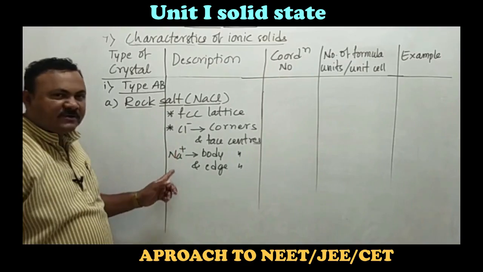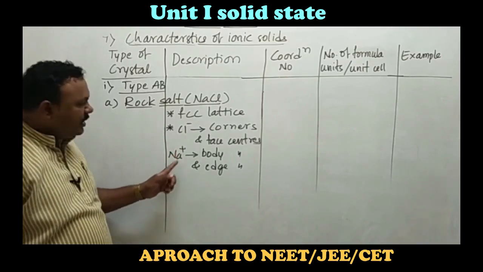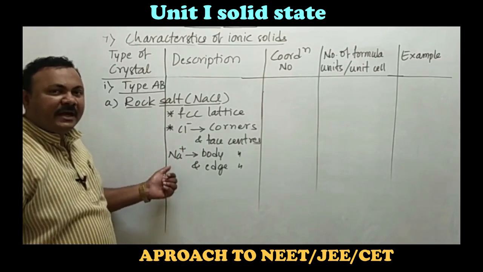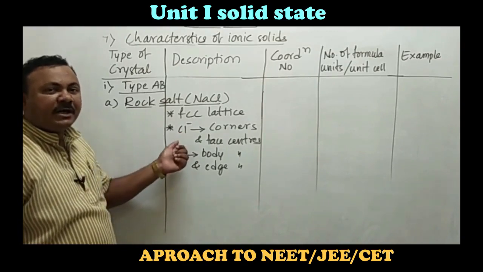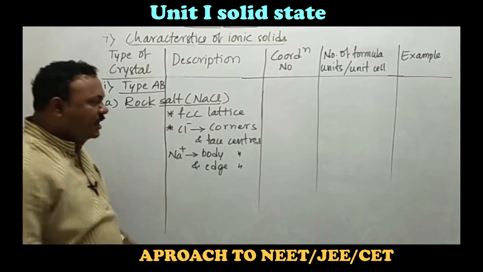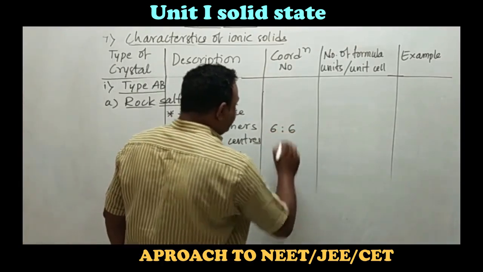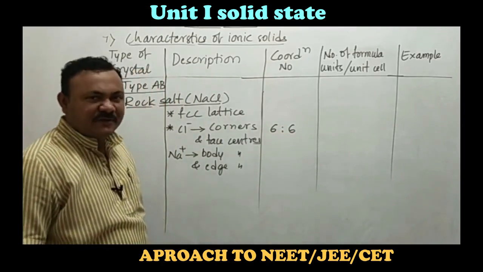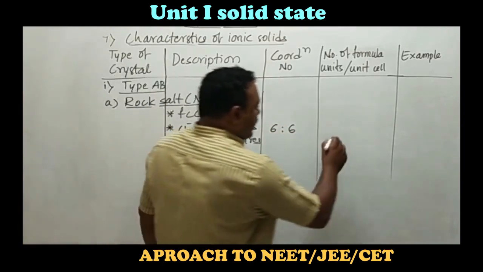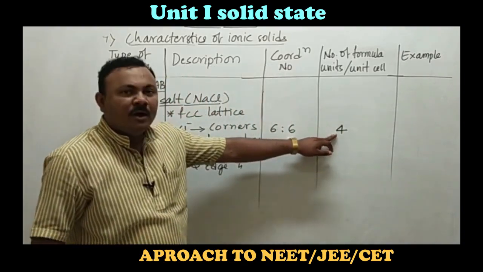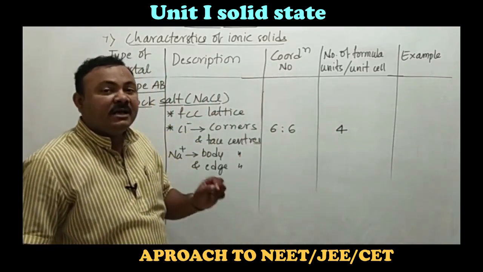Position of Cl minus, position of Na plus. Each Cl minus ion is in contact with 6 Na plus, and each Na plus ion is in contact with 6 Cl minus. It means coordination number with respect to both anion as well as cation, 6:6. In one unit cell we find 4 NaCl units.